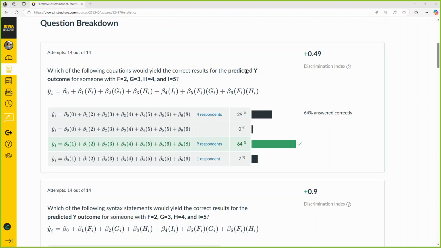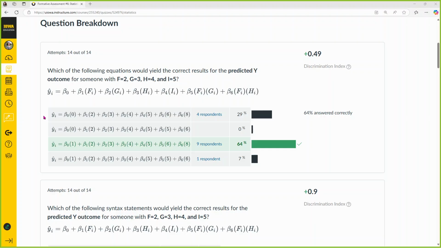We want to include that y-intercept, which means that the b sub 0, we need to include whatever that value happens to be, which is why we can eliminate the first 2 choices. Because if that's 0, 0 times my y-intercept is going to be 0, which means it's going to exclude that when I find my total. Okay, does that make sense?